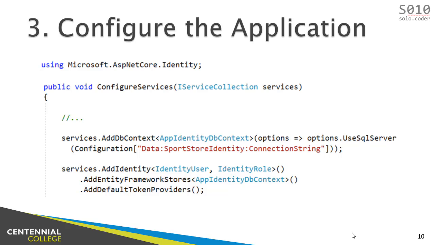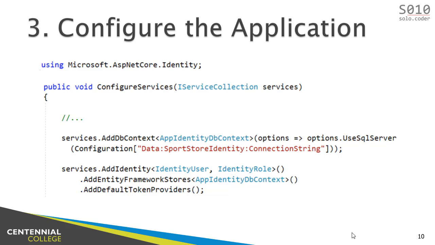Okay, so again, this line, we create the link to the database, and this one here we say, I want to use identity, and this is where you're going to be getting the identity data from. We also have here identity user and identity role.